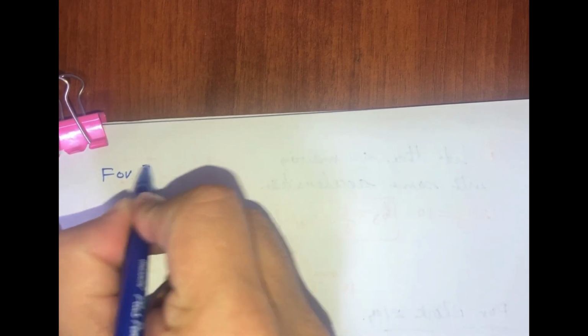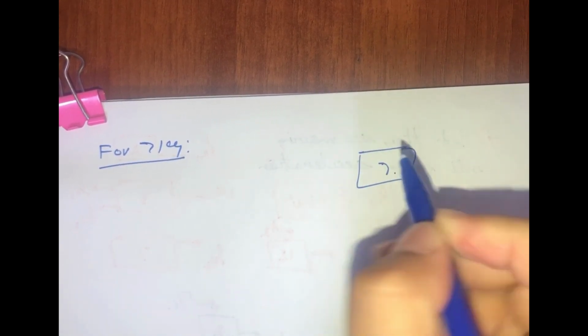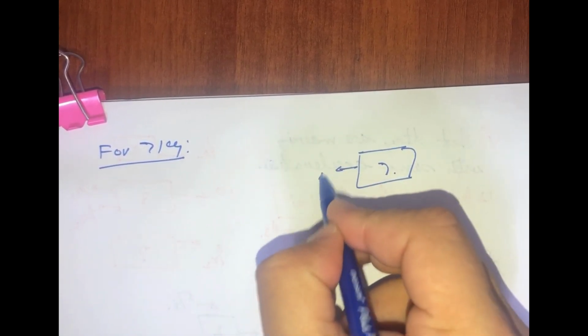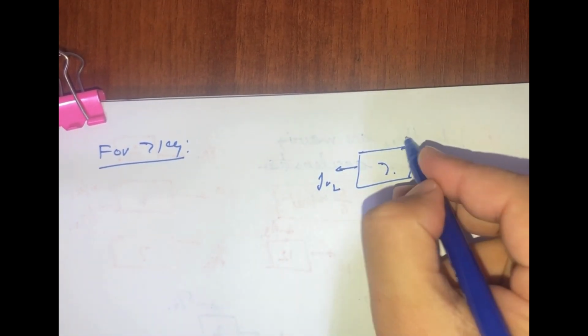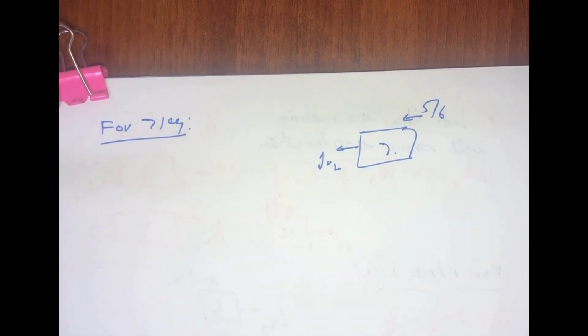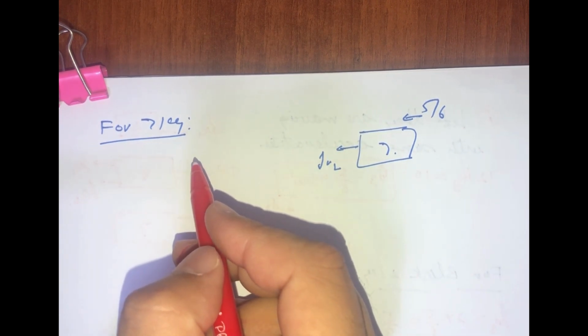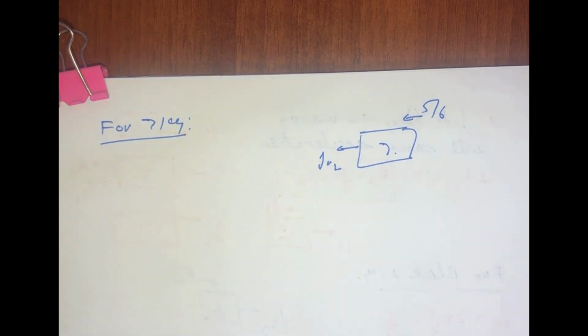Now, next is for the 7 kg block. For 7 kg, we have mass 7 kg, the force is FR2, and acceleration is about 5 by 6. Let me check what was my value.